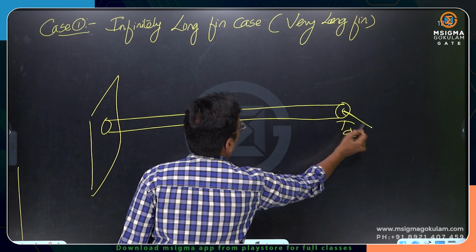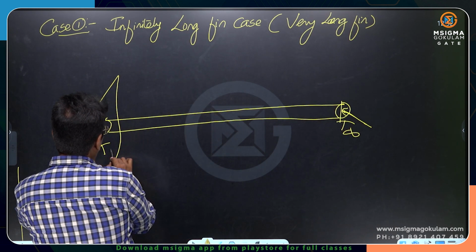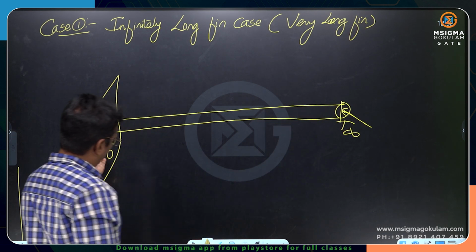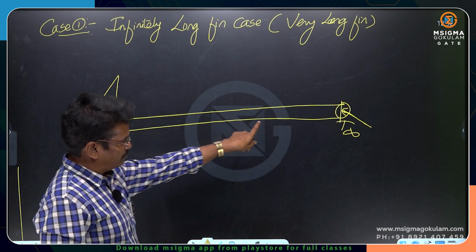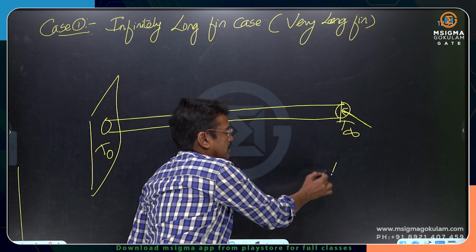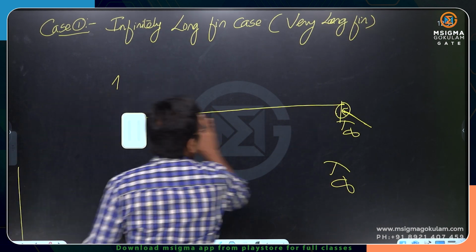Why? When the fin is very long, at this location the high temperature at the base cannot be sensed. Therefore, the temperature at the tip of the fin will be the same as the surrounding ambient temperature. So that point we have to notice.